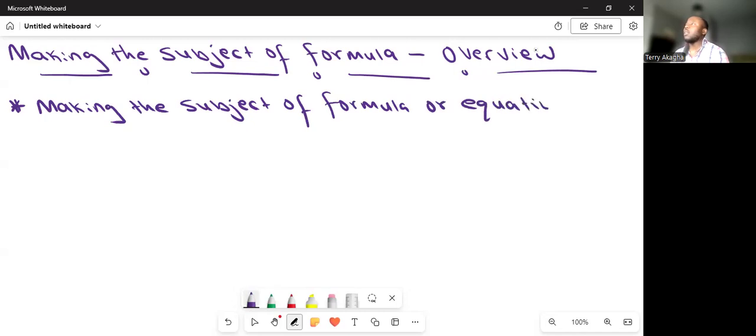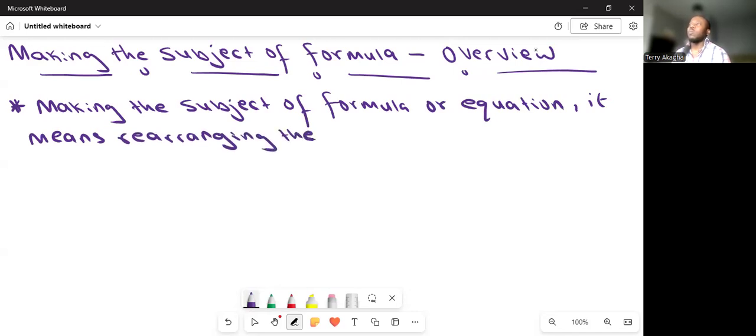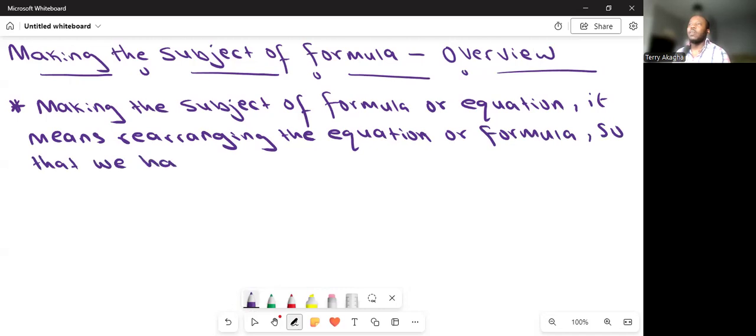So when you're talking about something like this, it means rearranging the equation or formula, all right, so that we have a single variable, okay, equal to the rest of it.